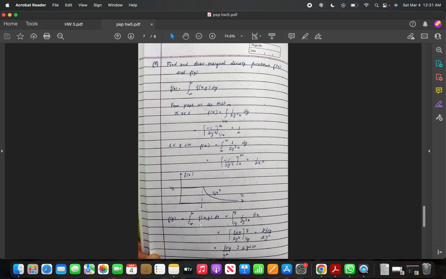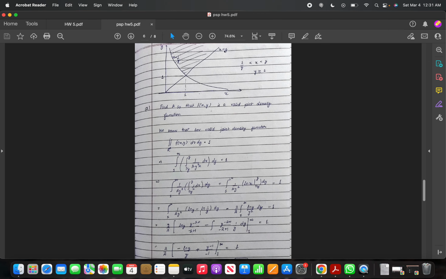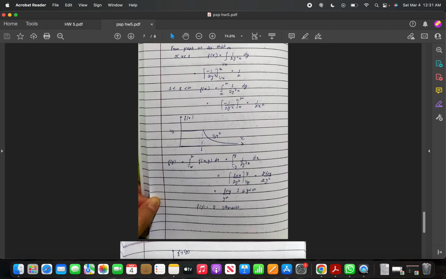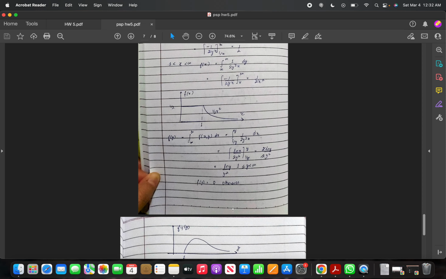And so for x we know that the limits range from 1 by y to y, and once we integrate, we find that this will be equal to ln y by y square when y is from 1 to infinity, and it will be 0 in other cases.